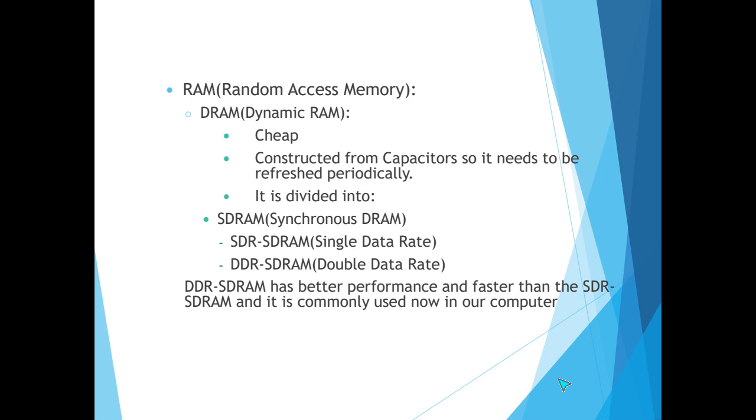The dynamic type is divided into SDRAM, synchronous dynamic random access memory, and the synchronous type is also divided into SDR SDRAM and DDR SDRAM.